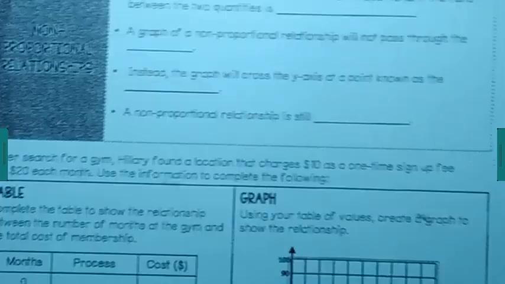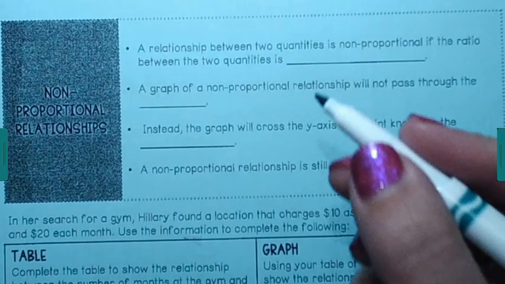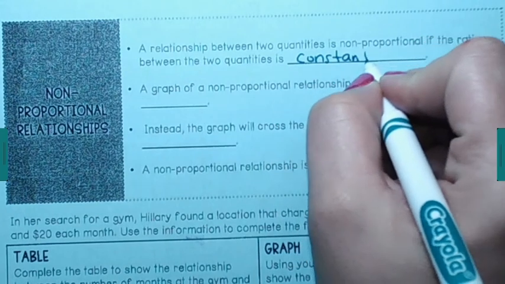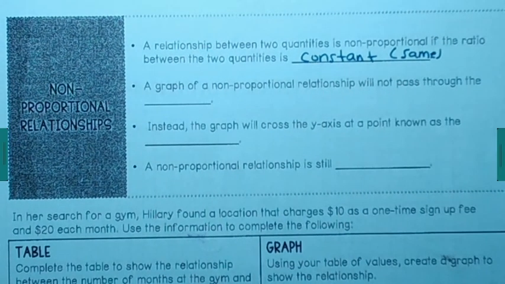Yeah, we're skipping some of this stuff because it's not really important for 7th grade. Okay, non-proportional is when you have a constant rate of change. Okay, constant again just means the same.